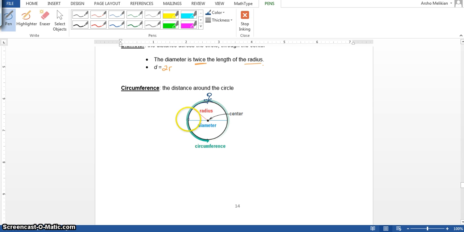If you run or walk, which is what I would do, around it one time, that distance around that circular field could be 5 kilometers, 5 miles, 1 mile, 3 miles, whatever. But that distance that you covered going around the edge of the circle is called the circumference. So if your PE coach said, walk the circumference of that field, all you do is walk around the outside edge of it.